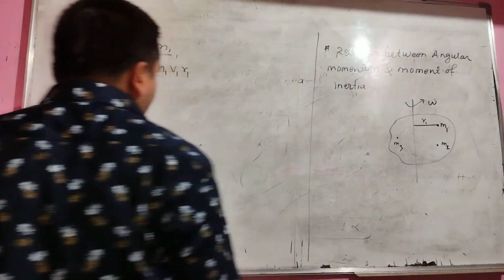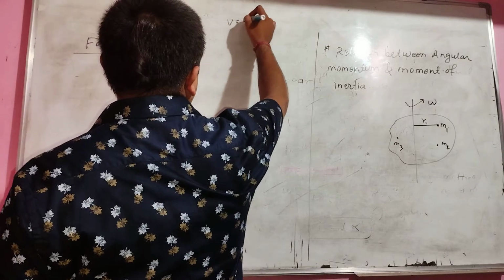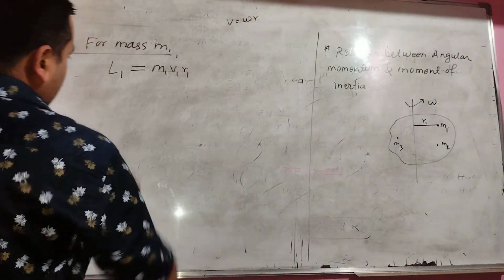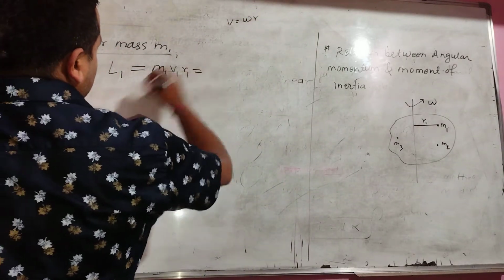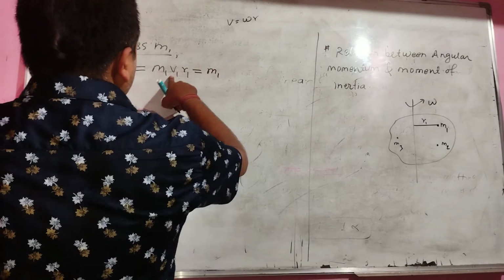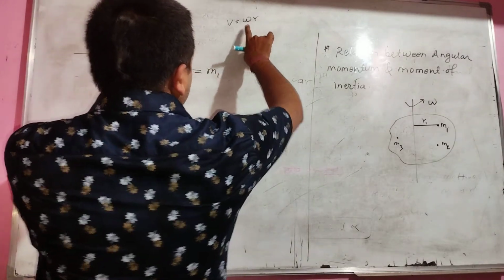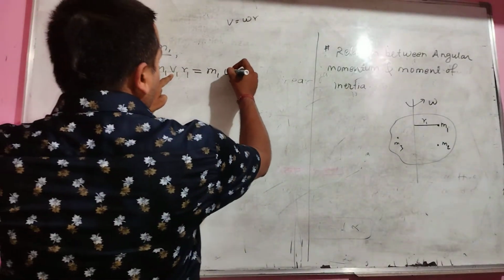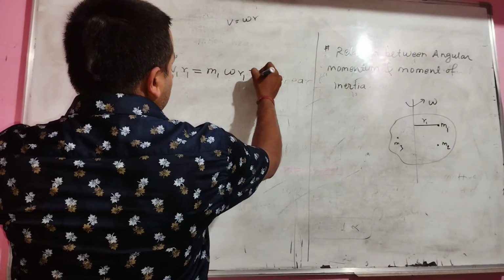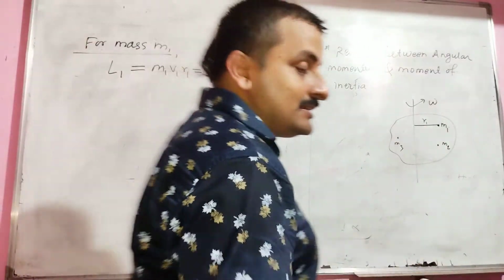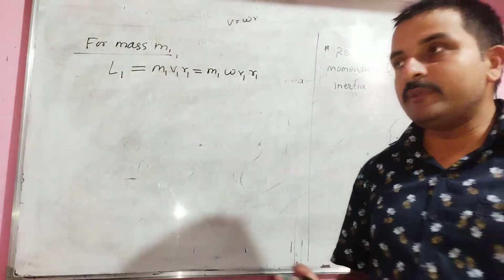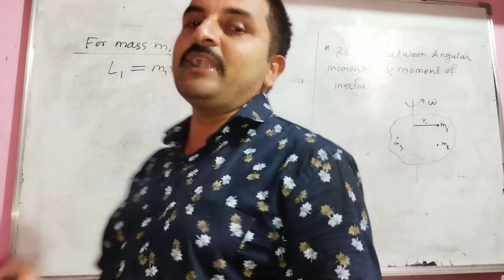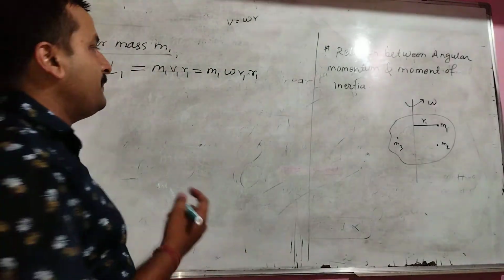We also have the relation v equal to omega times r. So in place of v1 we write omega times r1, because omega is the angular velocity and angular velocity is the same for every particle.